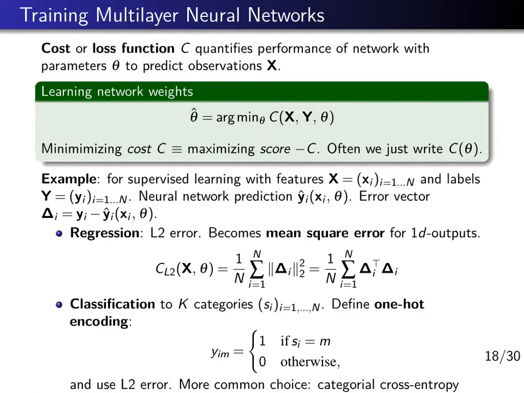Other example, classification. So suppose we have k categories. For example, in the MNIST image recognition problem where we're trying to read handwritten images and sort them into categories 0 to 9, we have k equals 10 categories, and the inputs are the pixels or the pixel activations of the image.